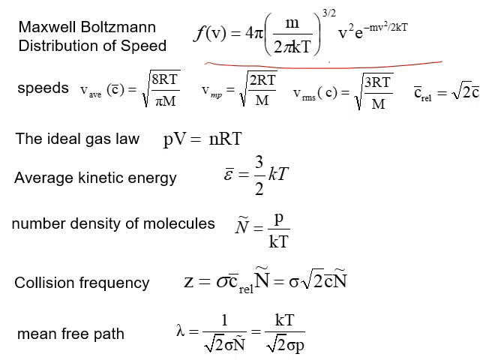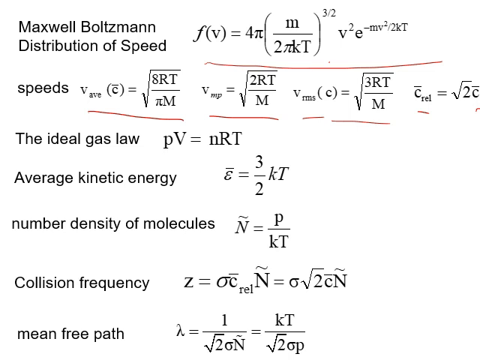With this distribution, we can calculate the average speed, square root of 8RT over pi m. We can calculate the most probable speed, square root of 2RT over m. And the root mean square speed is square root of 3RT over m. We can also calculate the relative speed, which is square root 2 times the average speed.